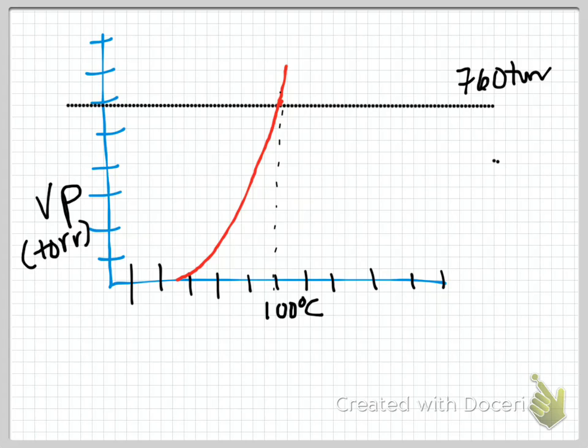What's the boiling point of water at normal atmospheric pressure? Don't all jump up at once. What's the boiling point of water? 100 Celsius. So if we have some substance, any imaginary substance, whose vapor pressure line looks like that, we can find the boiling point of that substance by looking at where that vapor pressure line crosses the atmospheric pressure.